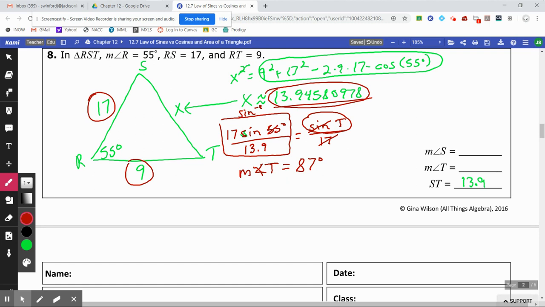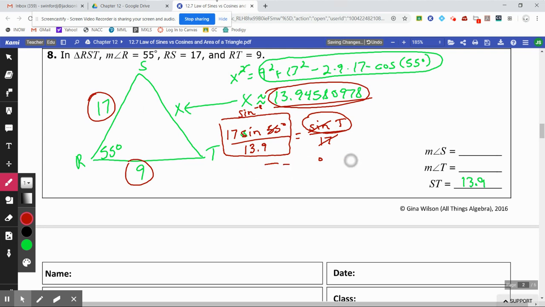So there's not going to be an ambiguous case here, but I've got a problem because 87 and 93 will both actually work on this problem. Because if you figure out what angle S is, on top of that, it's going to give you the other two values that are also going to work.